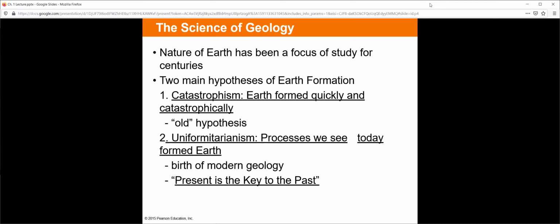You see a mountain being formed, a river flowing, a sand dune blowing around, something being subducted. This is how it's always been, and these processes that we see today illustrate how the Earth formed the way it did. The present is the key to the past. What you look at in the present tells you what happened in the past.